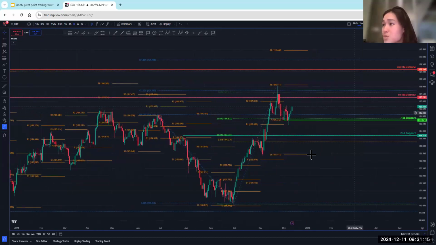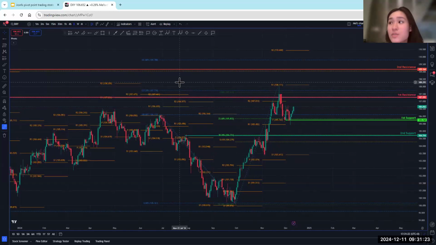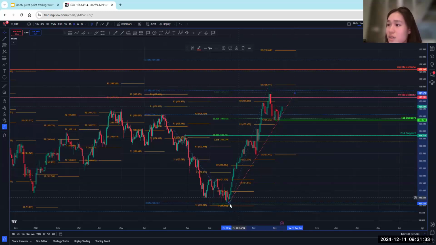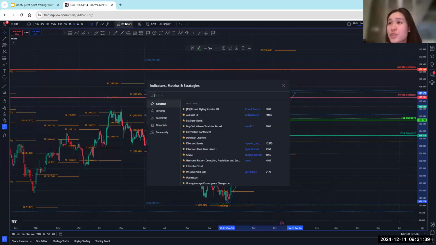The most recent pivot point is over here, in line with our first support, and prices are moving above that. So that is a bullish sentiment. So that also supports our analysis. Let's see if we have an ascending trend line here. Okay, we actually also have an ascending trend line over here. So overall, pretty bullish signals.